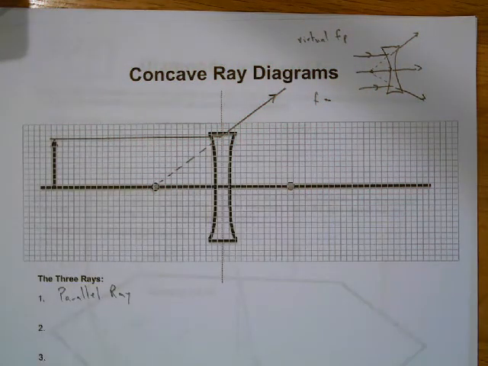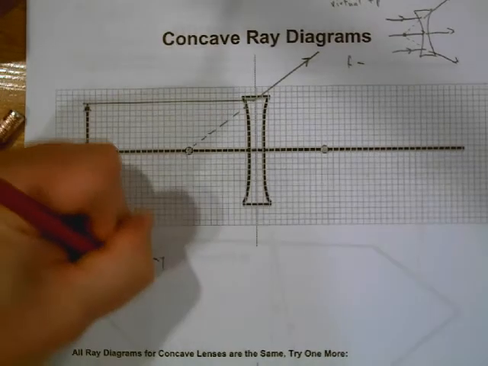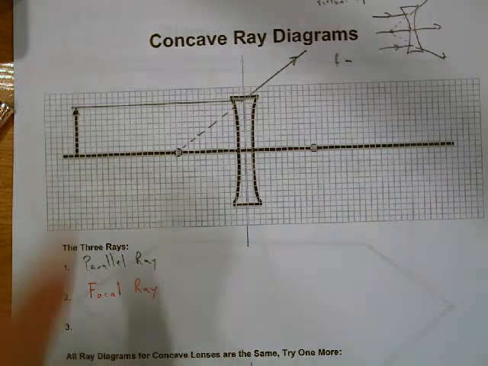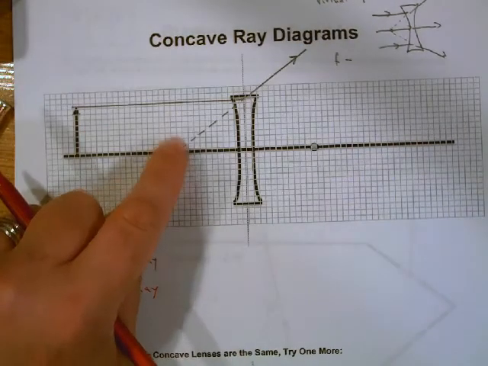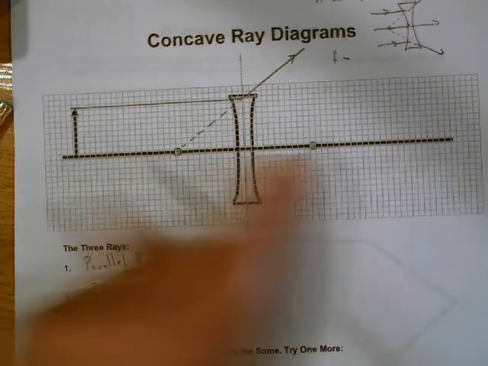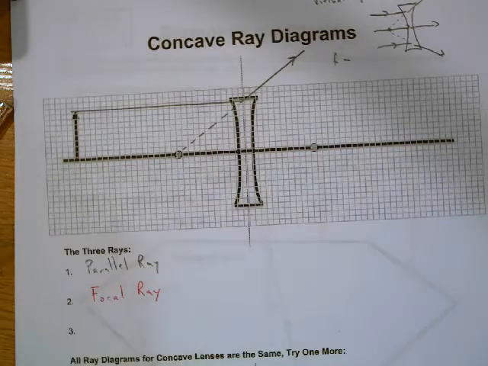Now, here's where this next ray, this focal ray, is maybe the most confusing of all of them. If you look, parallel bends up as if it comes from this focal point. So I'm already using this focal point. Now I need to use this focal point. So that means it goes towards the far focal point and then it comes out parallel.